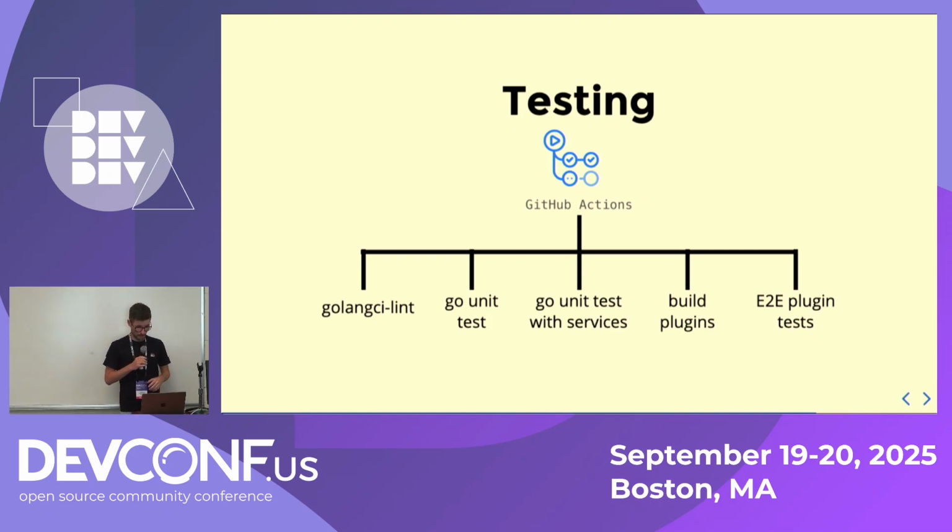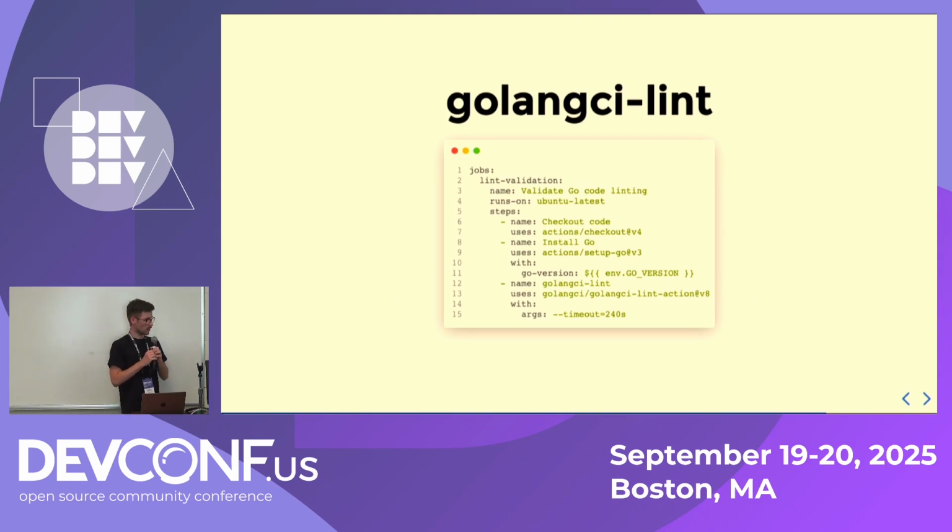So with Golang CI lint, there is a GitHub action here. We check out the code, install Go, and run Golang CI lint on our code base.